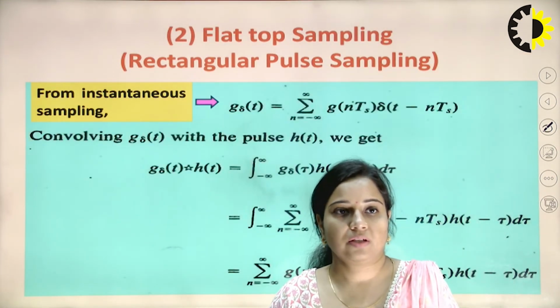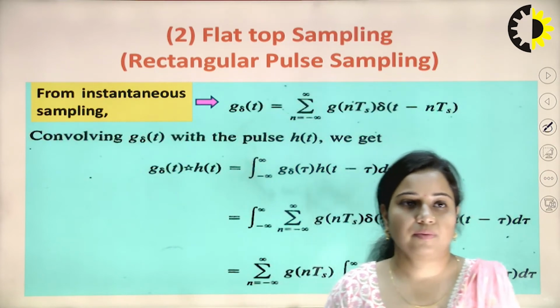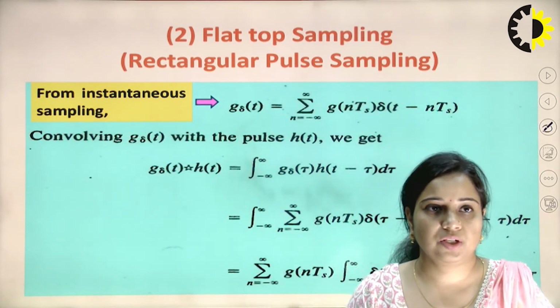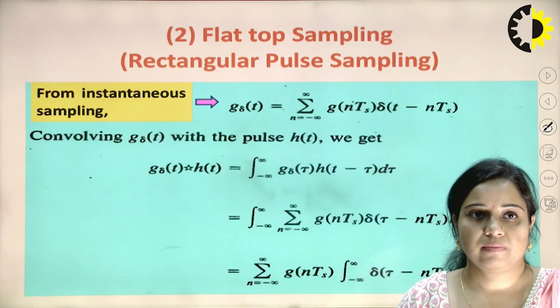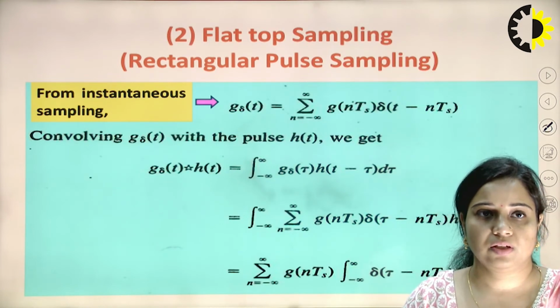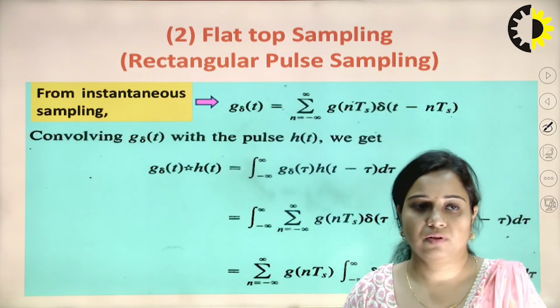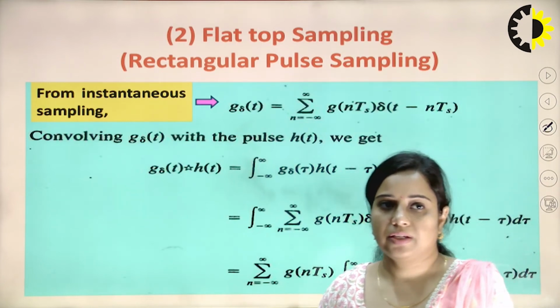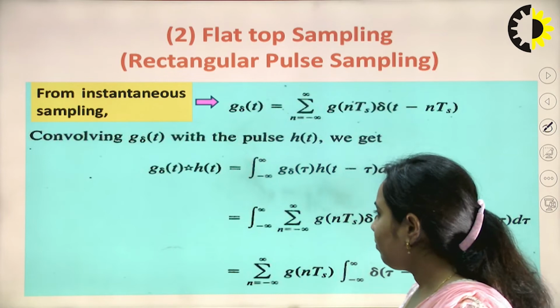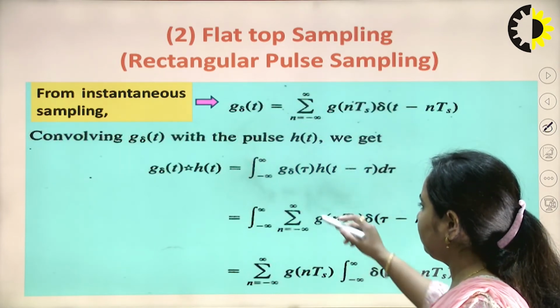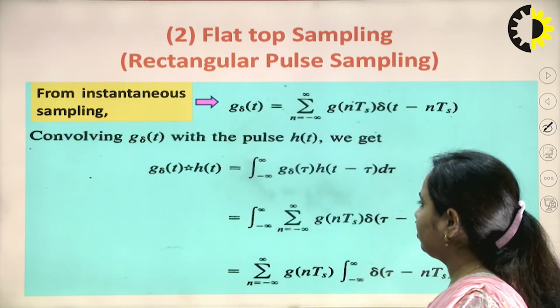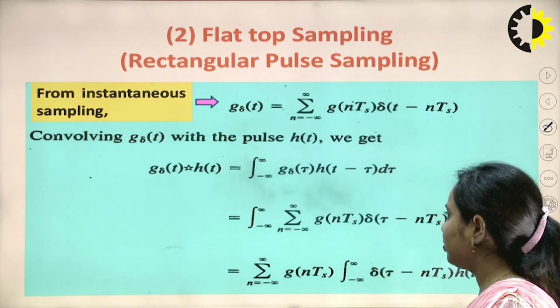From instantaneous sampling, as you can see from the previous equation, g_delta(t) equals the summation over n from minus infinity to infinity of g(nTs) delta(t minus nTs). We can perform the convolution of this with the pulse h(t), which gives the integral of g_delta(tau) h(t minus tau) d tau.